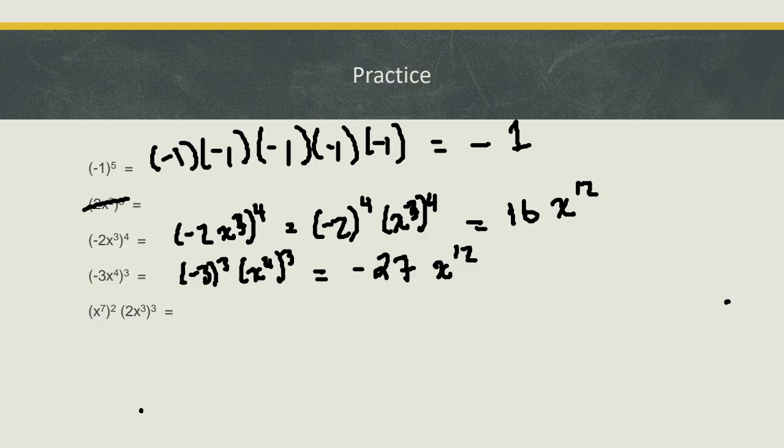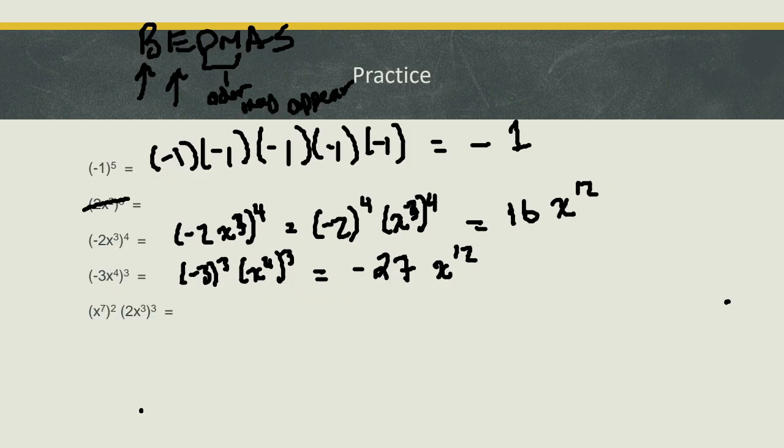In the next one, we actually have 2 things. As we move forward, we have to remember BEDMAS. If you don't remember BEDMAS, it's time to learn it. Basically, BEDMAS tells me do your brackets first, then your exponents, and your division and multiplication have to happen in the order they appear. So if multiplication comes first, then you can do multiplication first, but if division comes first, then you can do that too.